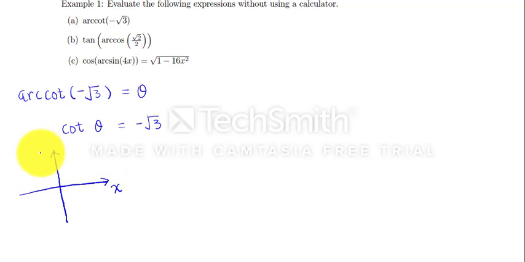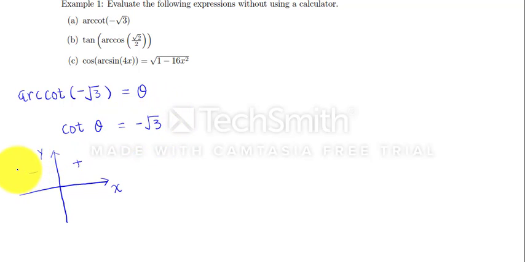So this is the x-axis, y-axis, and we are only going to take values from quadrant 1 and quadrant 2, because that is from 0 to pi. We notice the cotangent value is positive in quadrant 1 and negative in quadrant 2, because we have a negative cotangent value.